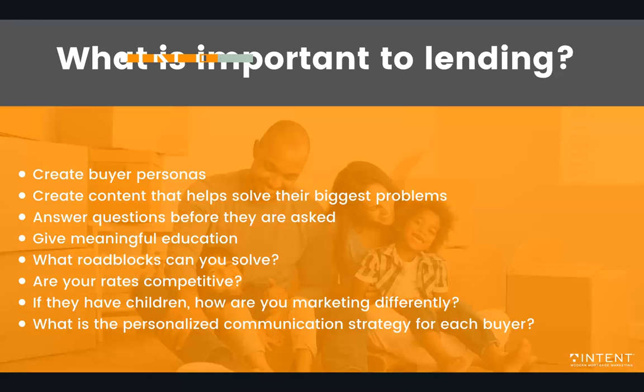So somebody comes to us and wants a loan, and our marketing is, thanks for choosing us to do your loan, we're excited to do your loan, here's some people with white teeth holding keys in front of a house. But that's not really helping you across the board. You need to have content that is personalized and specific to people, making sure you're answering the questions before they're asked. I can't say that enough times.